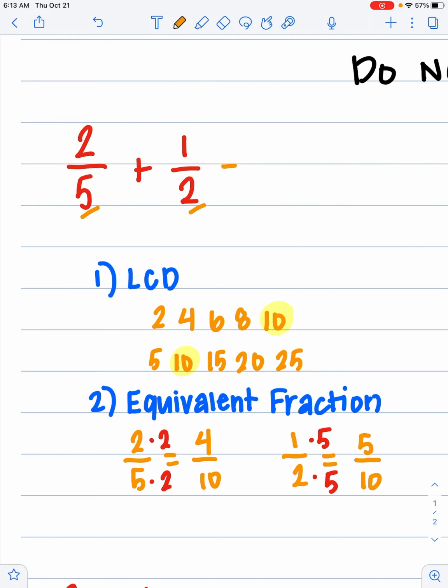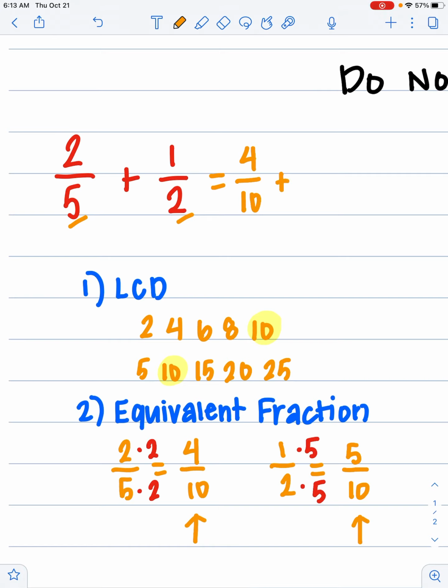And so then I can rewrite my original problem, right? Instead of 2/5, I have 4 over 10, and instead of 1/2, I have 5/10. And so my final answer is 9 over 10.